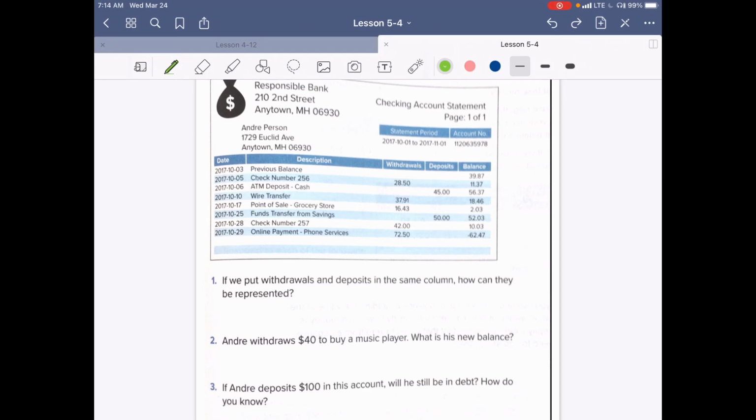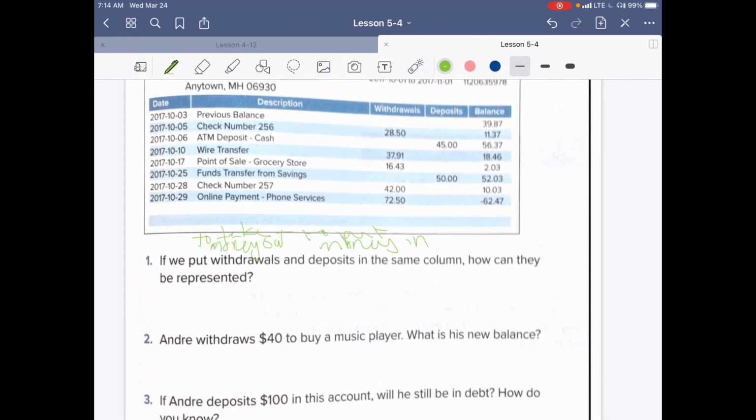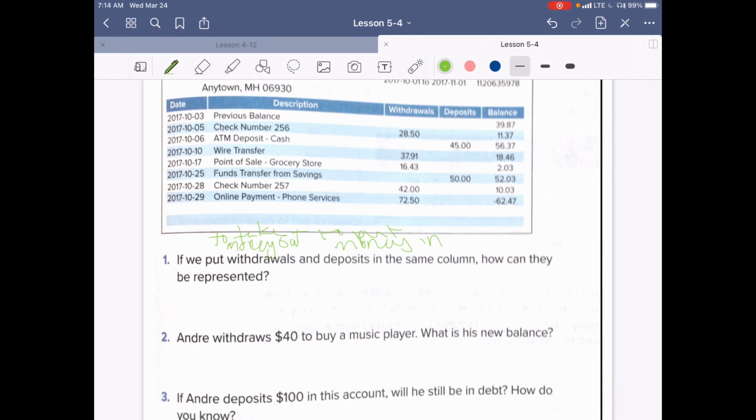So remember, withdrawal is to take money out, and a deposit is to put money in. So if they were in the same column, how can we represent those? Well, when we're taking out money, we are taking away, so we are subtracting. And if we take away from our total balance, it would be a negative.